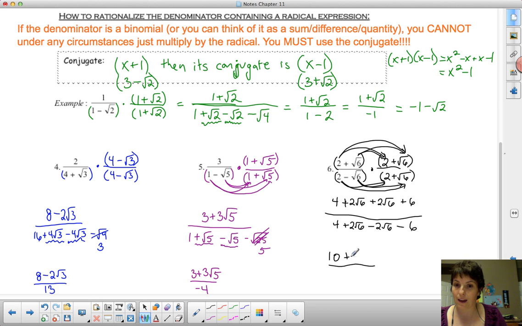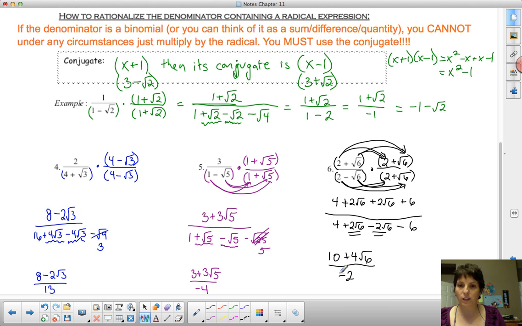So that would give me a 4 root 6. In the denominator, it was a conjugate pair, so we wouldn't have those radicals that they would intentionally add to 0. 4 minus 6 is negative 2.